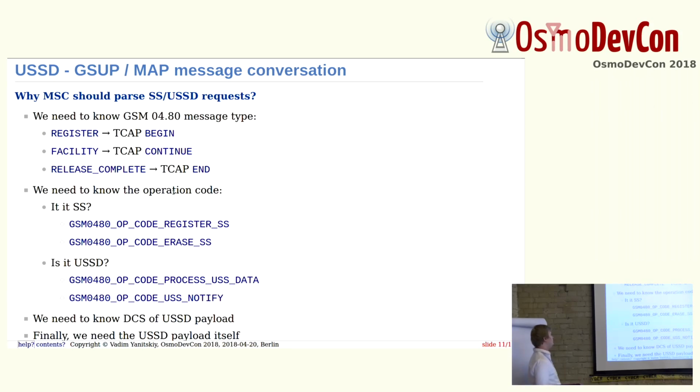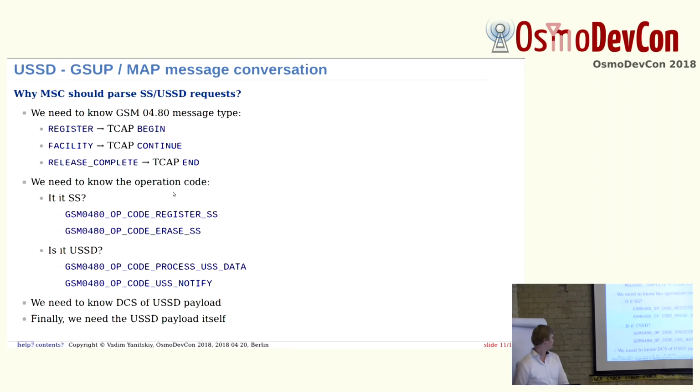And we need to know the operation code, because supplementary services is not only about USSD. There are also a few types of different operation codes. We also need to know the data coding scheme used by the request from the subscriber or by the response from the subscriber. And finally, we need the USSD payload itself.